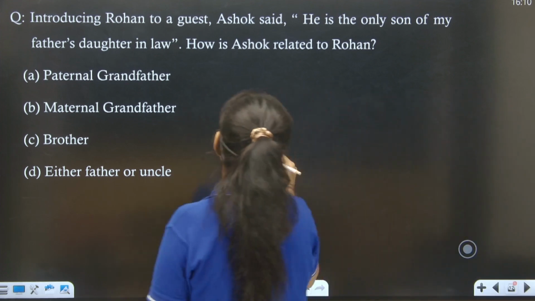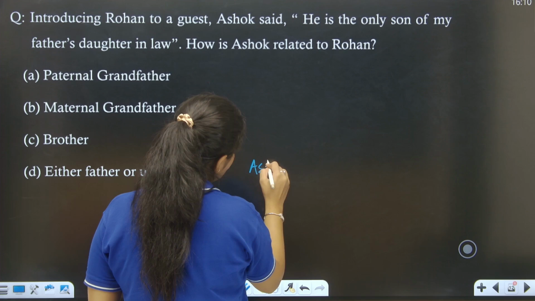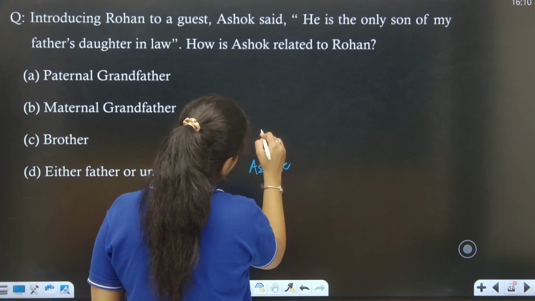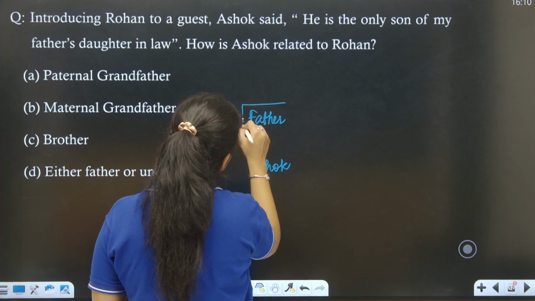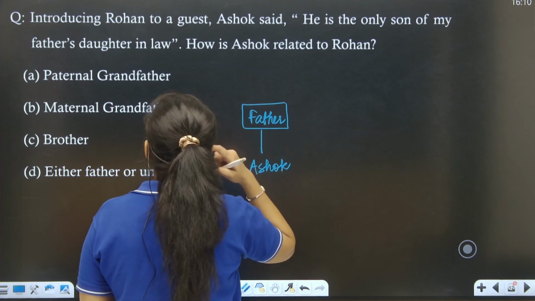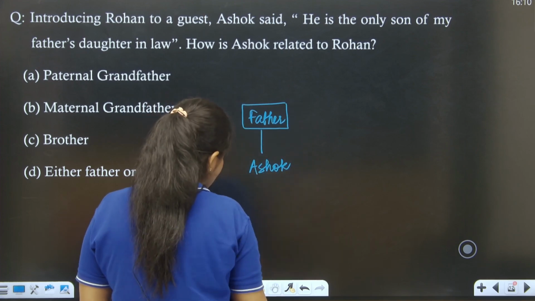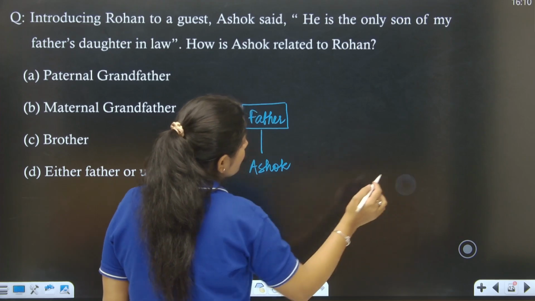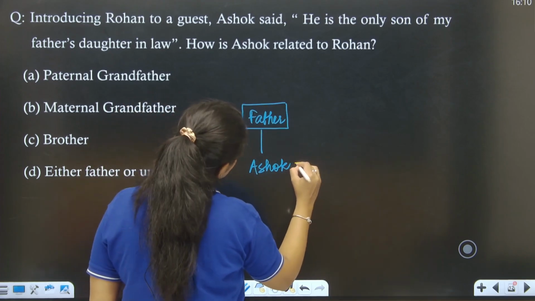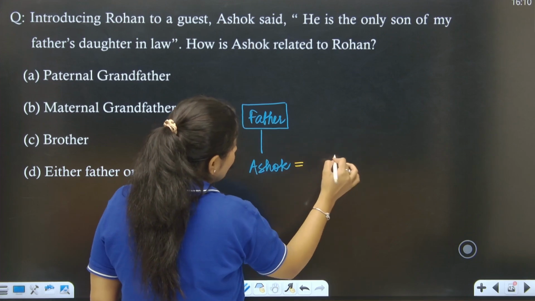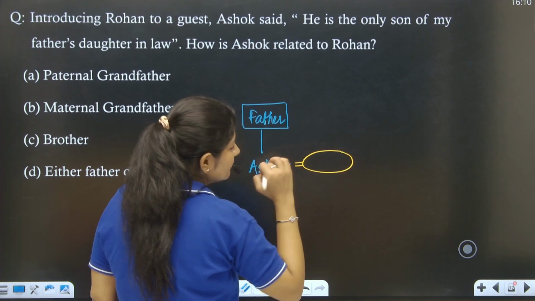Okay, so let's start with Ashok. Ashok's father's daughter-in-law. Okay, now there are two possibilities in this case, right? As father's daughter-in-law, there are chances that Ashok might be talking about his wife.